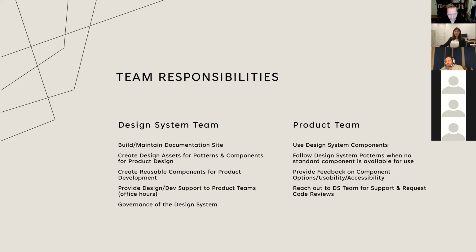So this is another thing where if you've got a component that almost does what you need it to do, you could reach out to the design system team and see if they're willing to add functionality to it or incorporate functionality that you add to it into the design system, so things like that. And also reaching out to the design system team to make sure that they're reviewing the code and everything is consistent across the products.